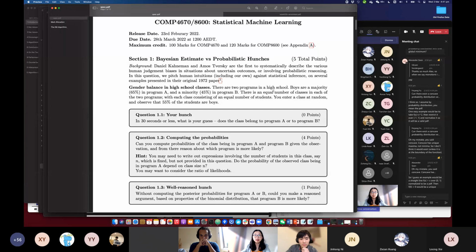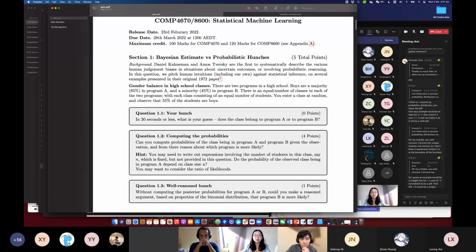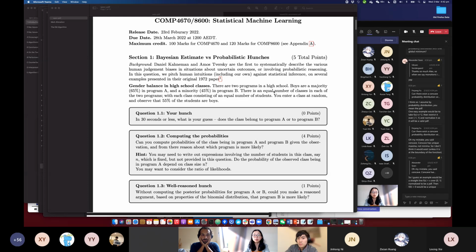This assignment has 3 big questions. The first question is a warm-up. I thought it would be interesting to do a probability exercise in a psychology context. Kahneman and Tversky, actually Daniel Kahneman won the Nobel Prize in economics for some of their joint work.